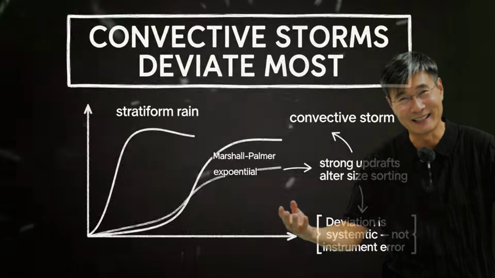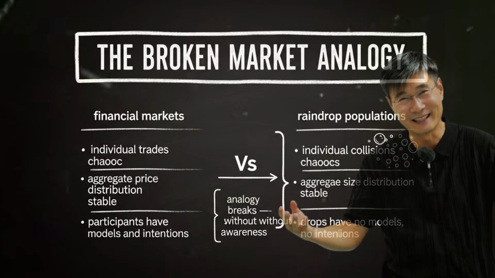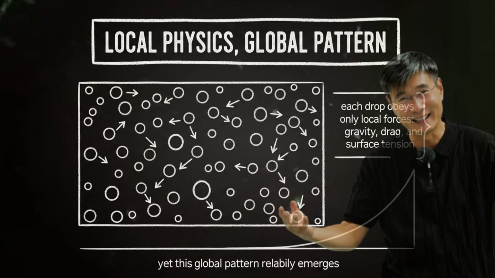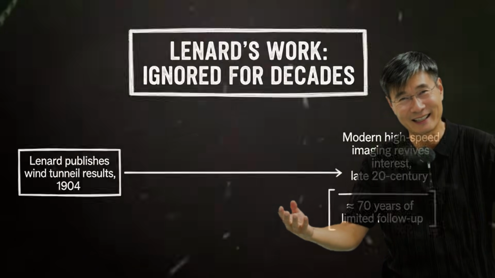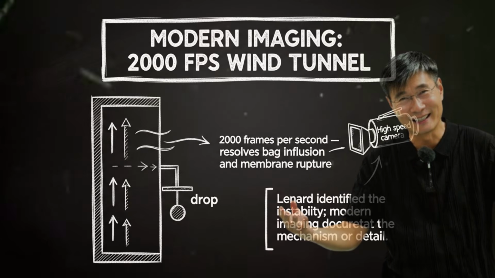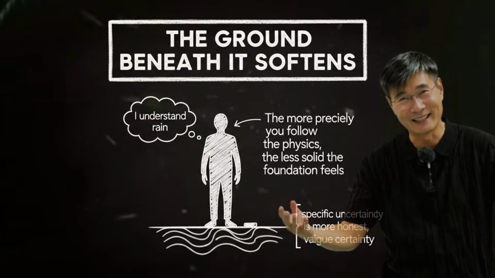Whether that shape is a true equilibrium the physics drives toward from any starting point, or a persistent imprint of cloud conditions at the moment precipitation first forms. Whether the 10 to 20% of deviating events are marking something fundamental about the limits of the framework, or simply the edge of the parameter space where the empirical fits were calibrated.